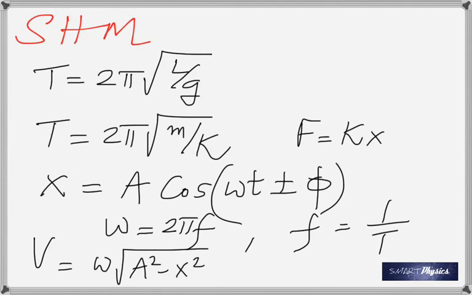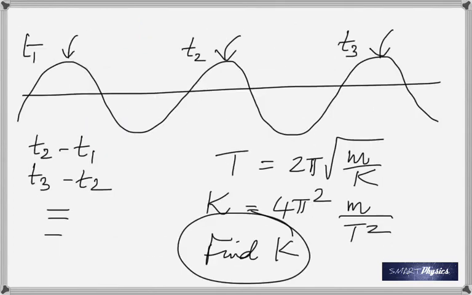And what's the formula for acceleration? d squared x by dt squared gives you minus omega squared x, isn't it? That was the other method that I wanted you to find on your own.